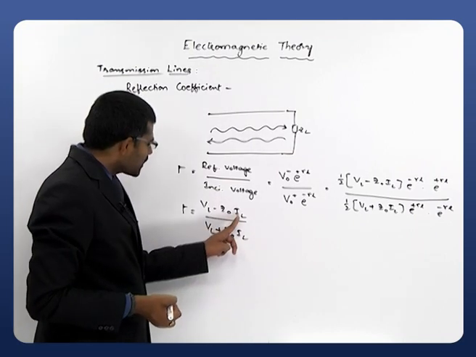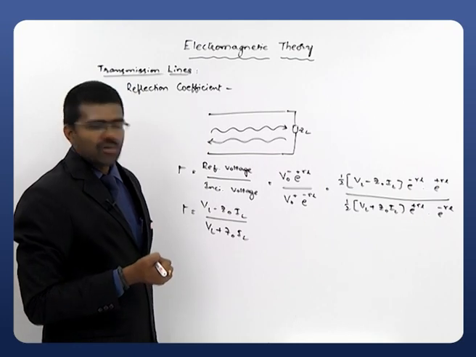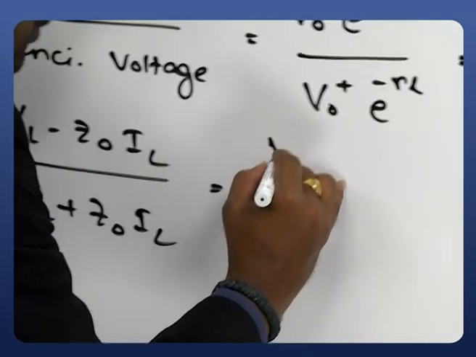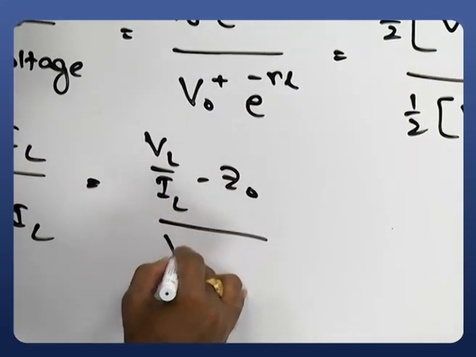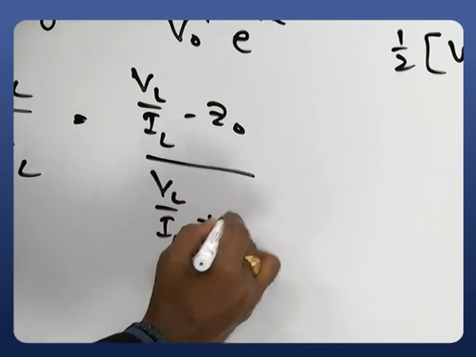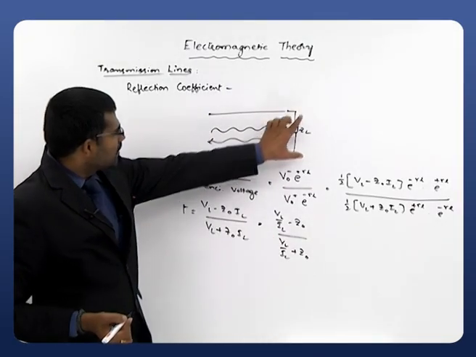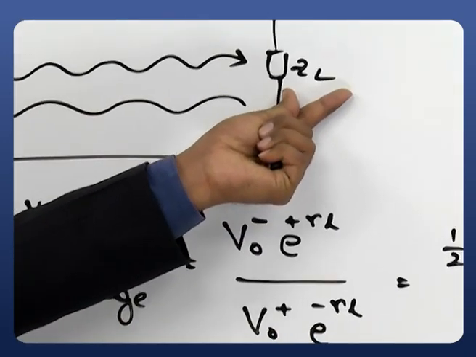Right? Now what I do is I will take this IL common from both numerator and denominator. That will simplify this equation further, which gives you (VL by IL minus Z0) divided by (VL by IL plus Z0). What is VL by IL? The voltage at the load divided by the current which is passing through the load is nothing but simply the load impedance ZL, right?